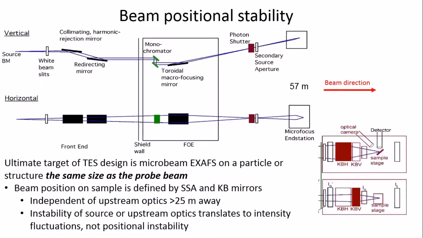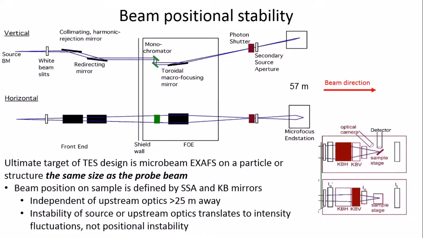One of the key things for the beamline is the beam positional stability. As I said, our ultimate target is microbeam XAS on a particle or structure the same size as the probe beam. So the probe beam has to not move during energy scanning at all.